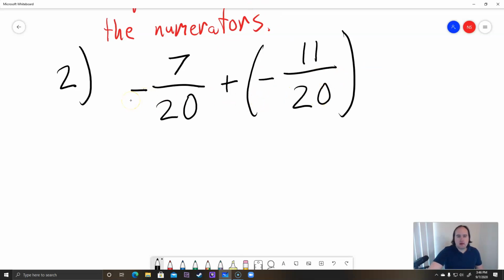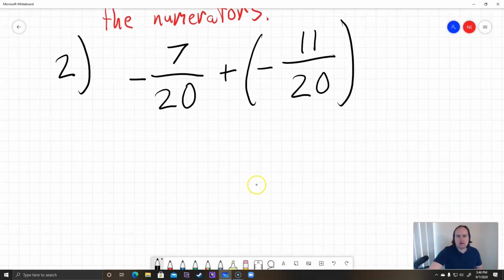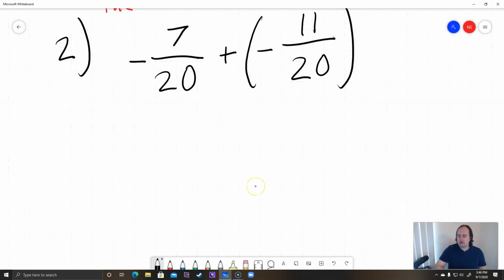And remember, when you're adding, if they both have the same sign, you keep the sign and add. Okay? So because these are both negative, we're going to keep the negative, and then we're going to add the numbers. But because these are like fractions, we also keep the denominators.